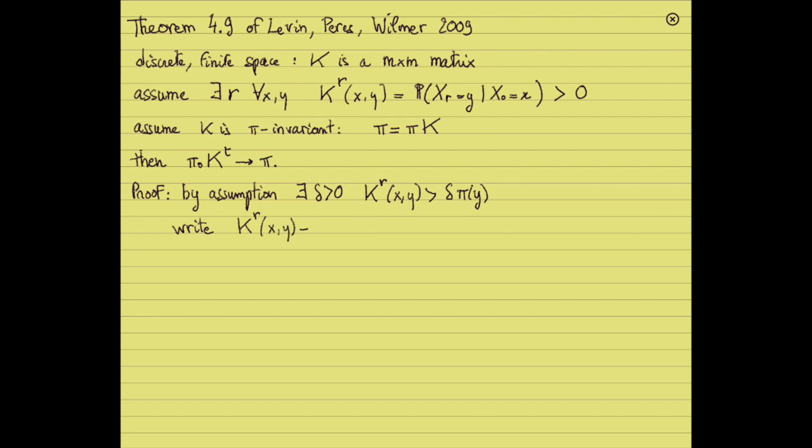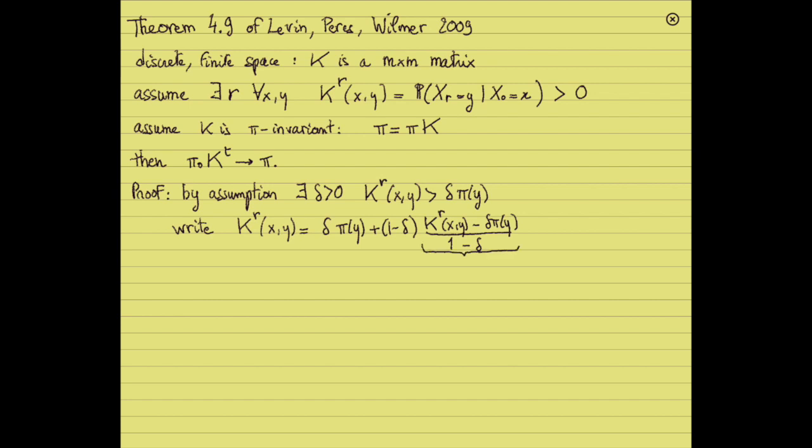And thanks to this, we can write k to the r as a mixture of delta pi plus 1 minus delta times a residual kernel. And we simply write the difference between k to the r and delta pi, renormalized so that it's a Markov kernel.